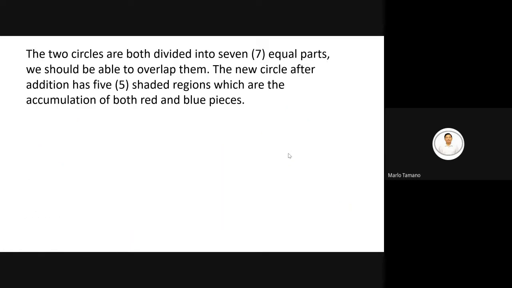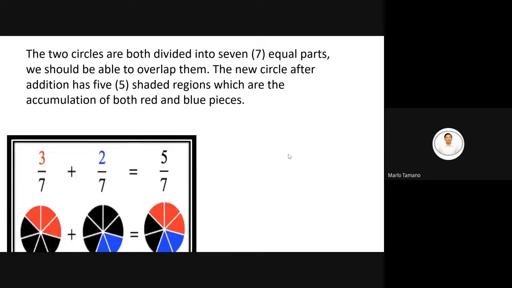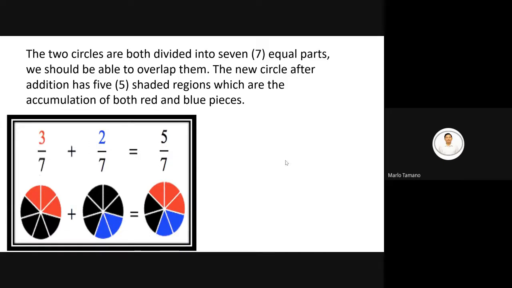The two circles are both divided into 7 equal parts. Now we should be able to overlap. The new circle after addition has 5 shaded regions, which are the accumulation of both red and blue pieces. Take a look.